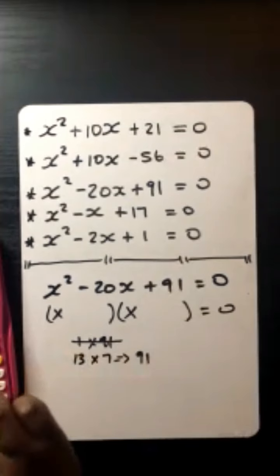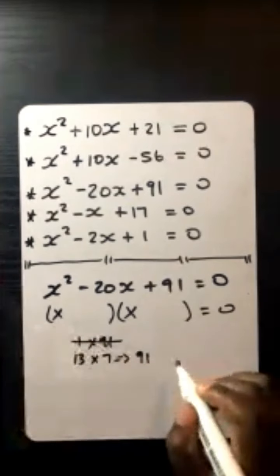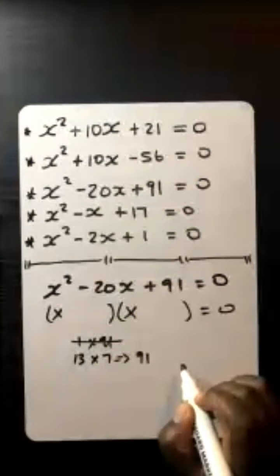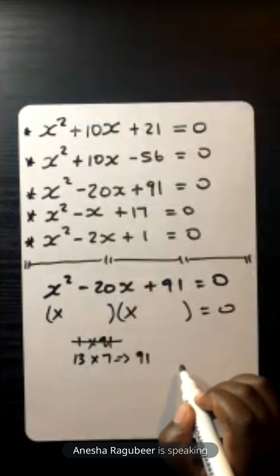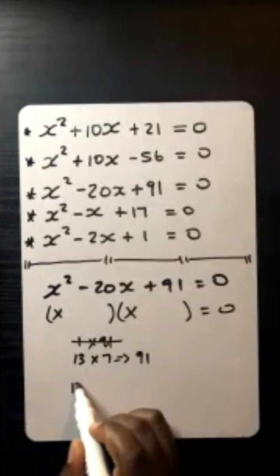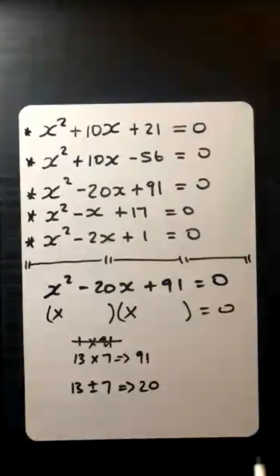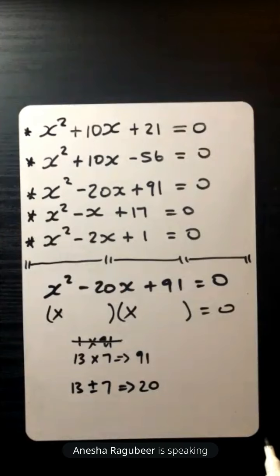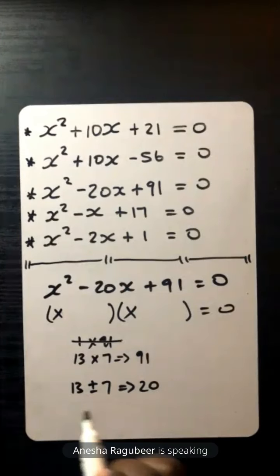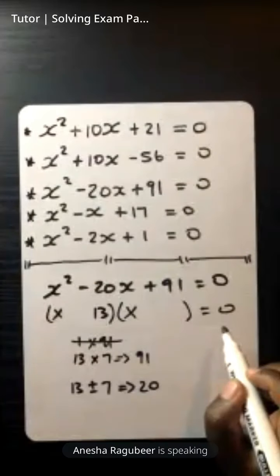I just want to confirm. And so then we have to see whether 13 plus or minus 7 will give us 20. Yes, sir. Then we have to take our 13 and put in our first bracket, and our 7 in the second bracket.